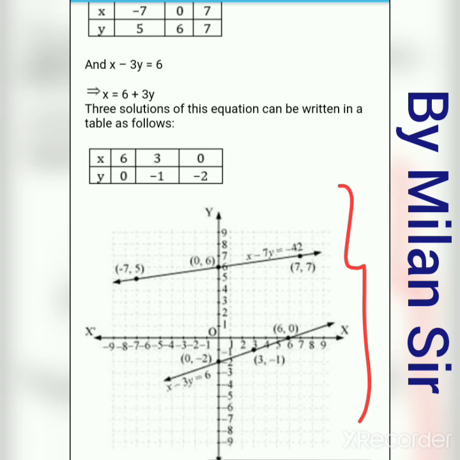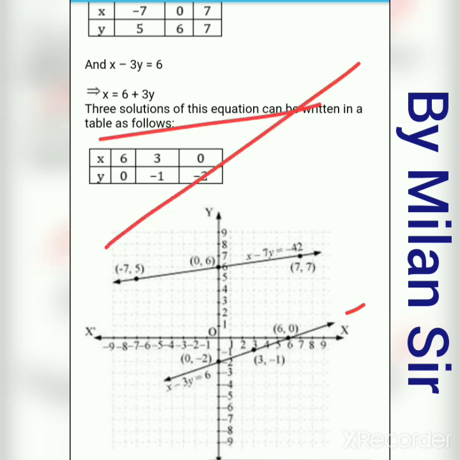But if they ask to find the solution, then we need to extend these lines. If you extend them, the first line is like this and the second line like this, so they intersect at one point. By observation we can understand that these are not parallel lines. So these two lines definitely intersect at one point somewhere.